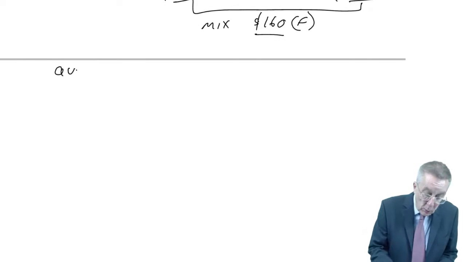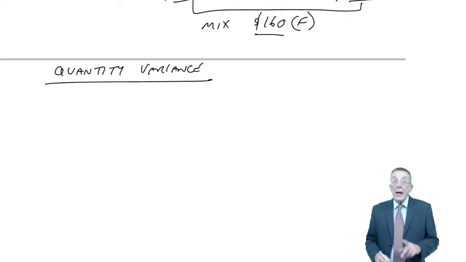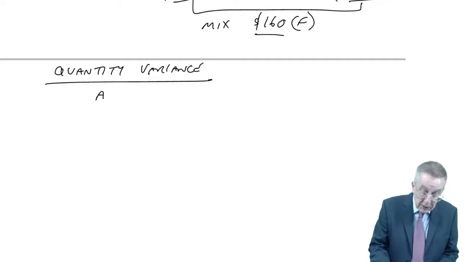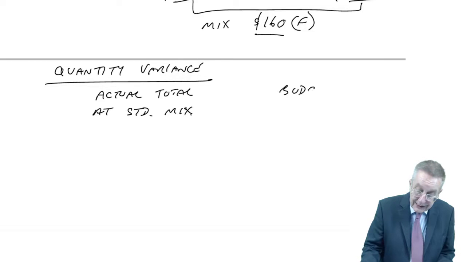So let's now look at the quantity variance, where we will compare the actual total at standard mix with the budget total.